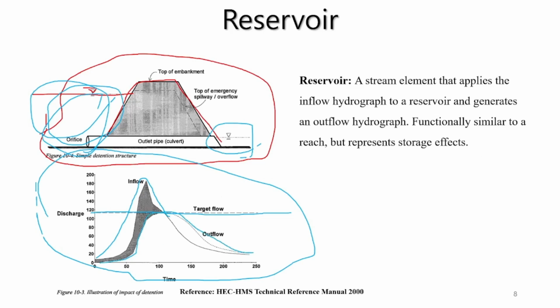The discharge that was supposed to happen has been blocked, or slowed down, by the reservoir. So now the outflow hydrograph looks like that. Again, a reservoir is an element that applies the inflow hydrograph to a reservoir and generates an outflow hydrograph. It's similar to a reach, but it has storage effects.